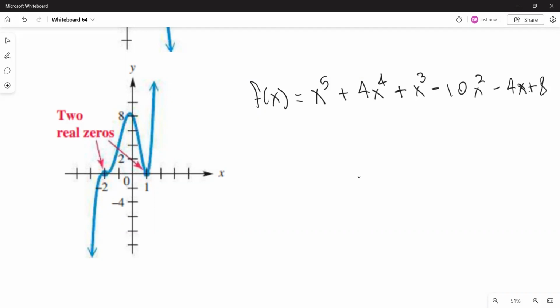So that's in general form, and in factor form, this is x minus 1 squared times x plus 2 cubed.